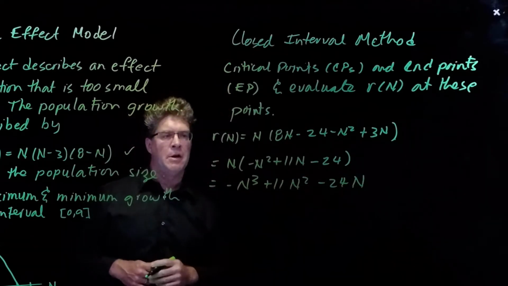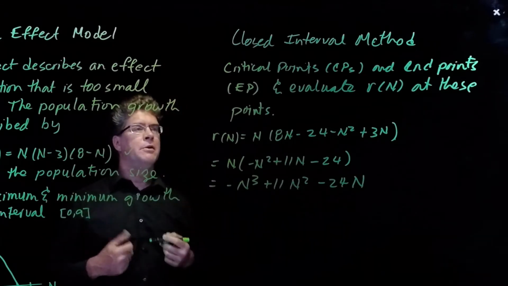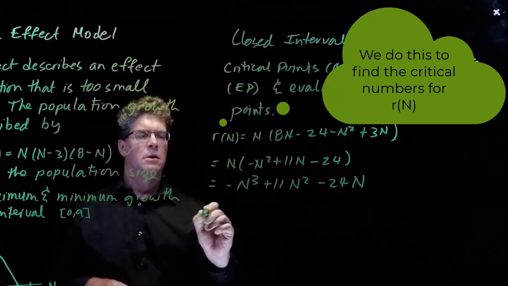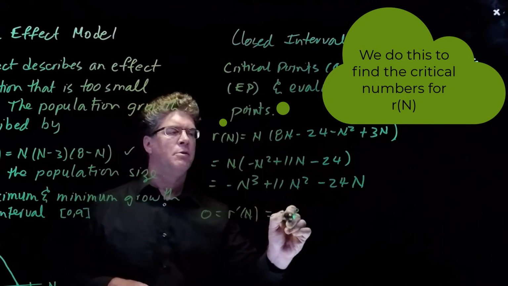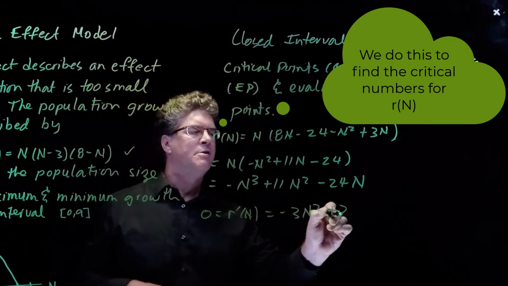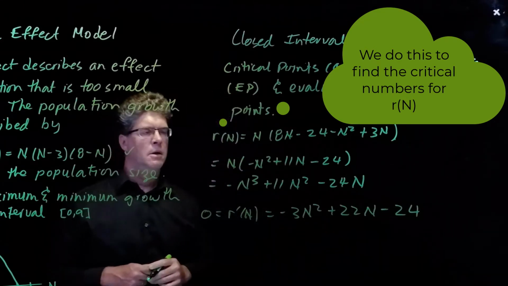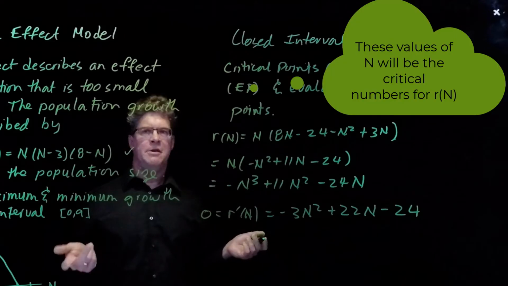So we've expanded it out as a cubic polynomial. And so the next thing we want to do is to compute the derivative and set it to 0. So 0 is r prime of n is equal to minus 3n squared plus 22n minus 24. Okay, we want to find the values of n that satisfy r prime of n is equal to 0.